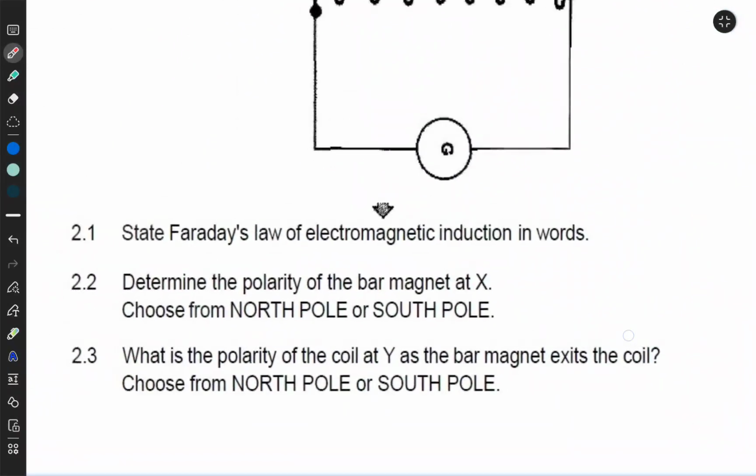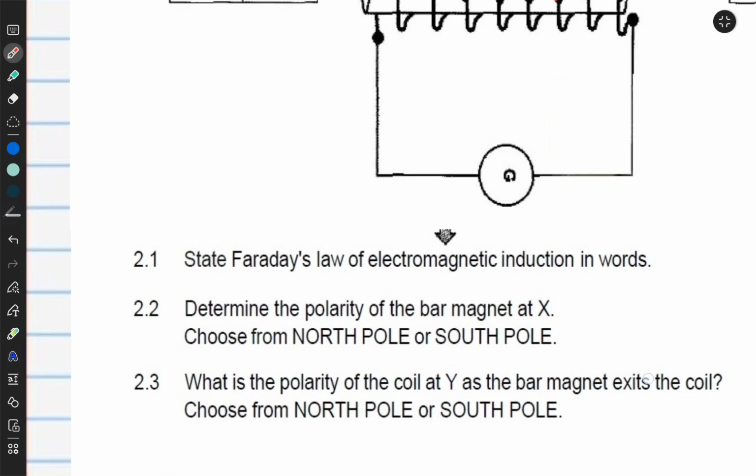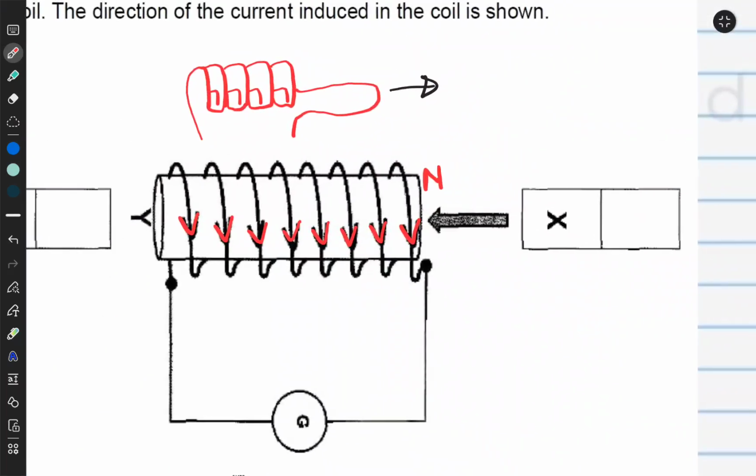to answer this question, 2.2, we are asked to determine the polarity of the bar magnet at X. All right, so if you remember, once you involve a bar magnet and a solenoid, you will use the right-hand rule, Faraday's law of electromagnetic induction, and also Lenz's law, right?